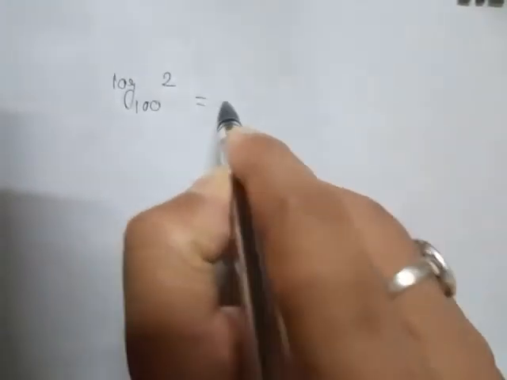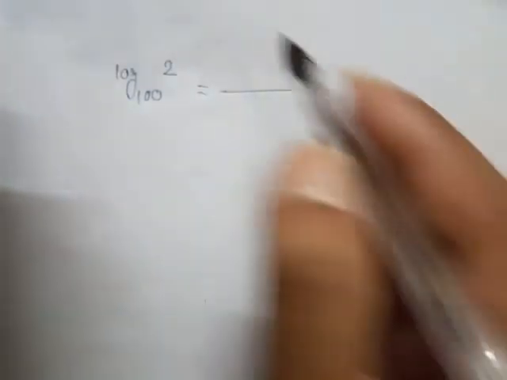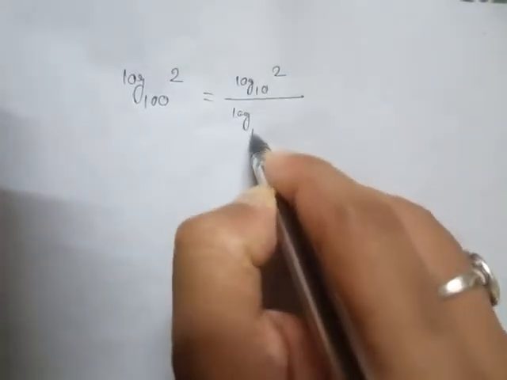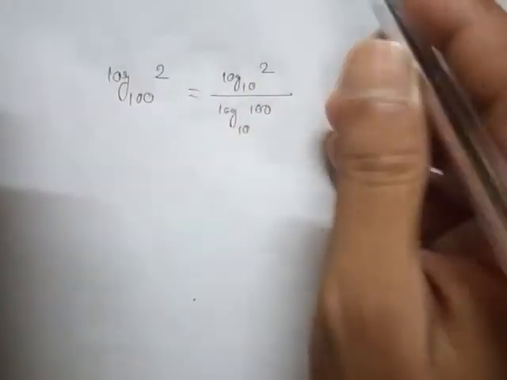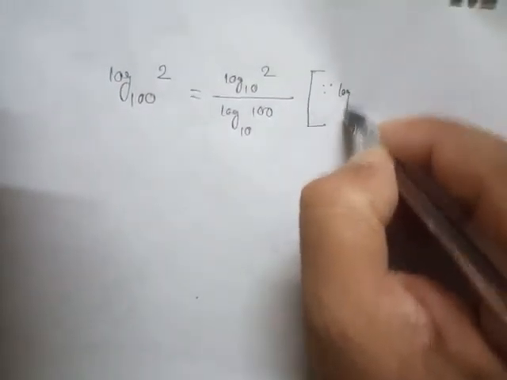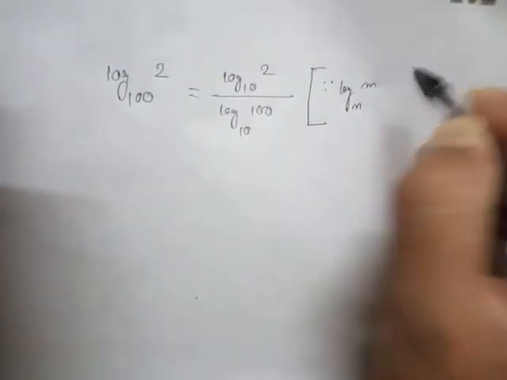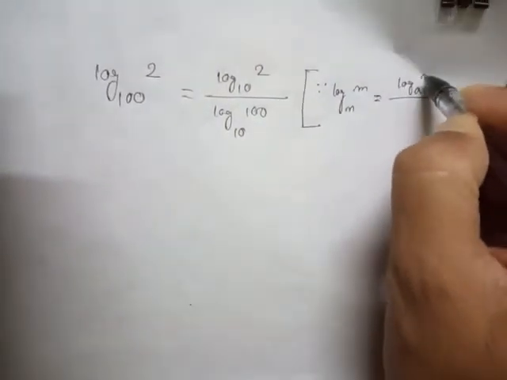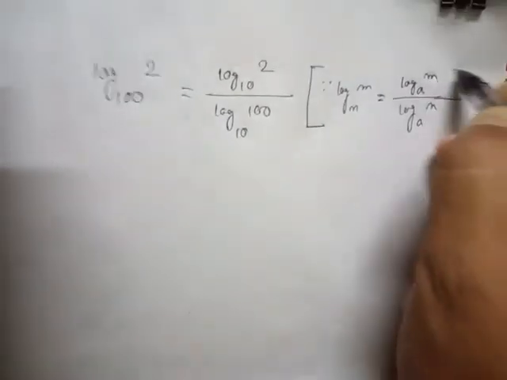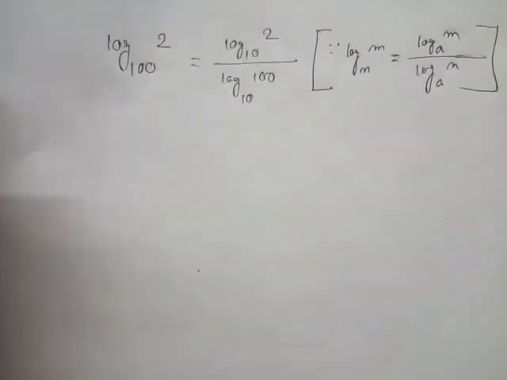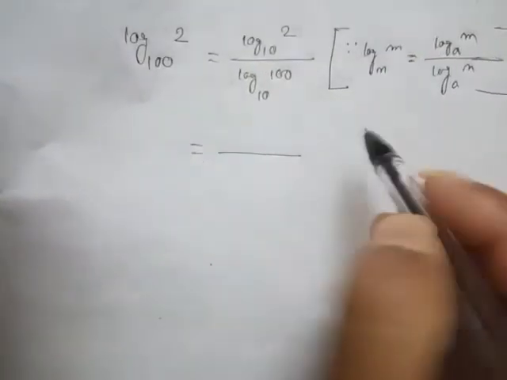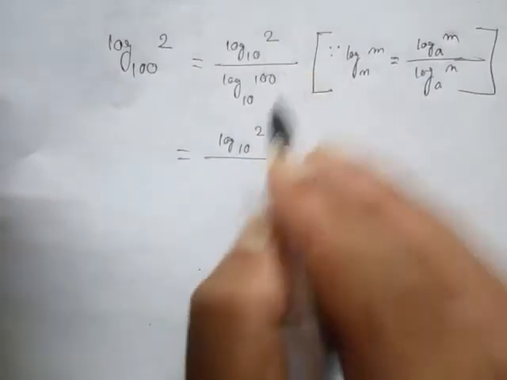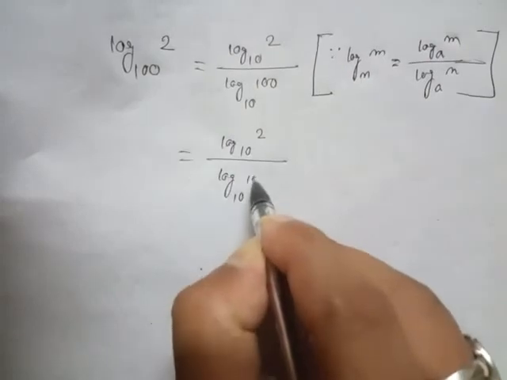Here also we will use the same formula which I used in the first case: log base n of m equals log base a of m over log base a of n. So it is log base 10 of 2 over log base 10 of 100. The numerator will remain the same, log base 10 of 2, and 100 can be written as 10 square.